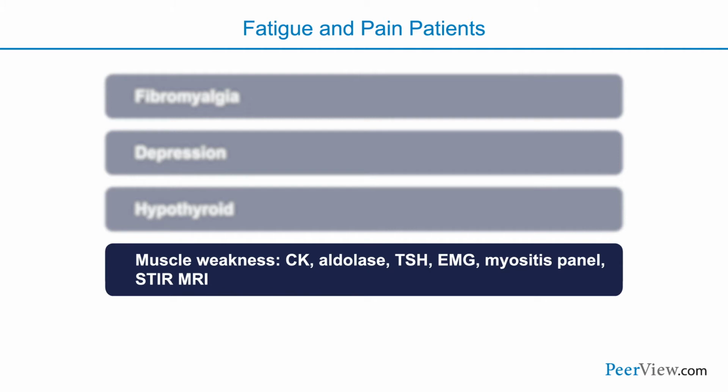And then, becoming more serious about working up myositis, we would want to do an EMG, a myositis panel, and a STIR MRI.